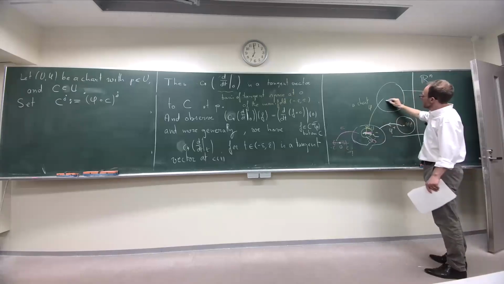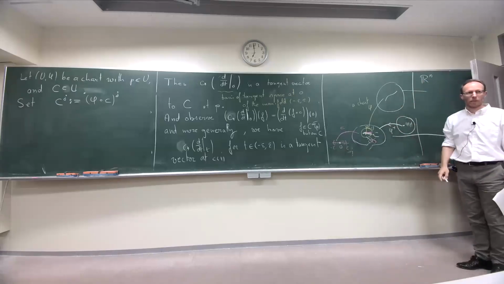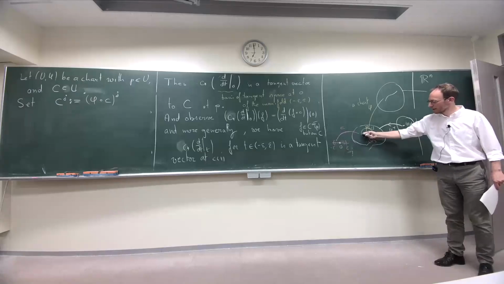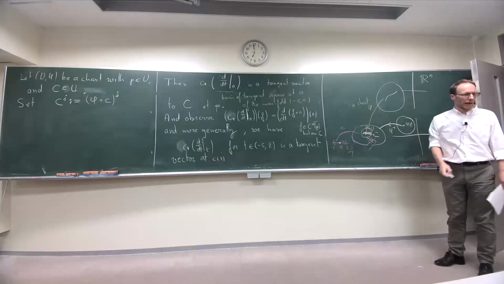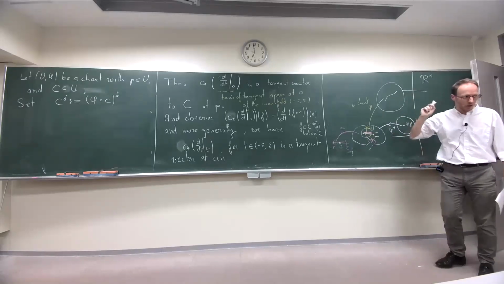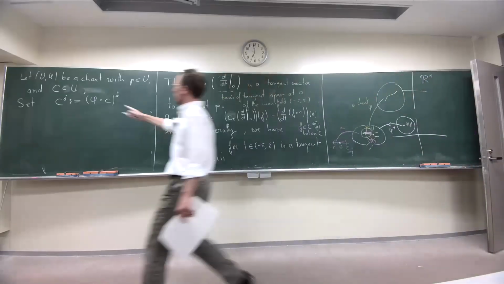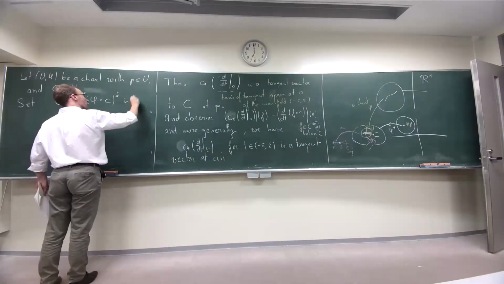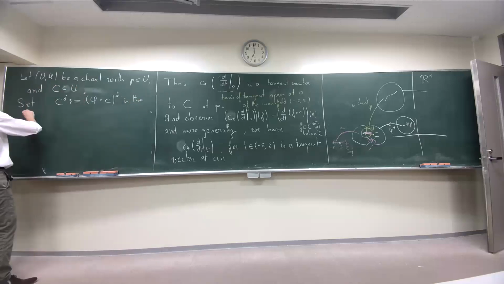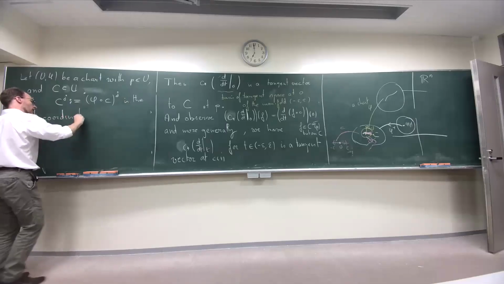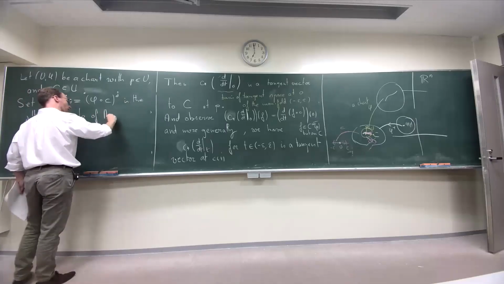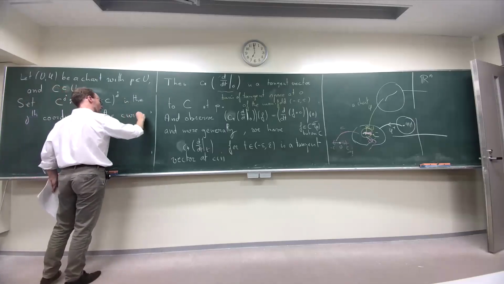We have the image of the curve, because phi sends me this curve to something in Rm. So I can consider the coordinates of this curve. So Cj is the j-th coordinate of the curve, right?